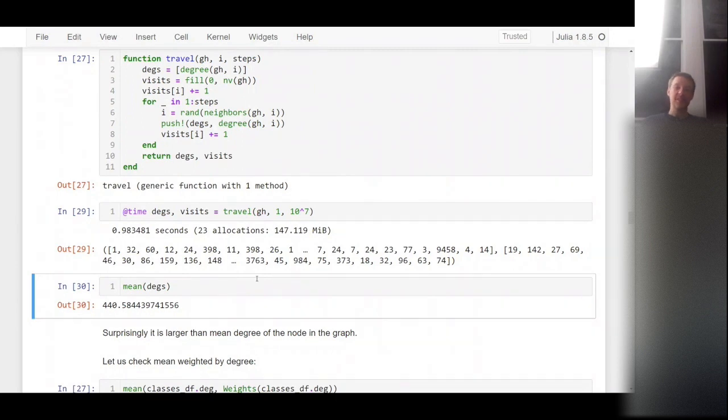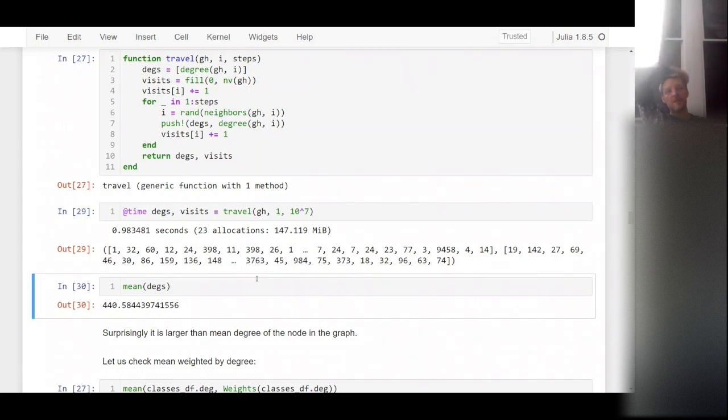For sure, it seems that I visit high degree nodes more often than low degree nodes. But now let us think of how much more often do I see high degree nodes than low degree nodes? What would you guess? To what will the frequency of visits to a node be proportional?